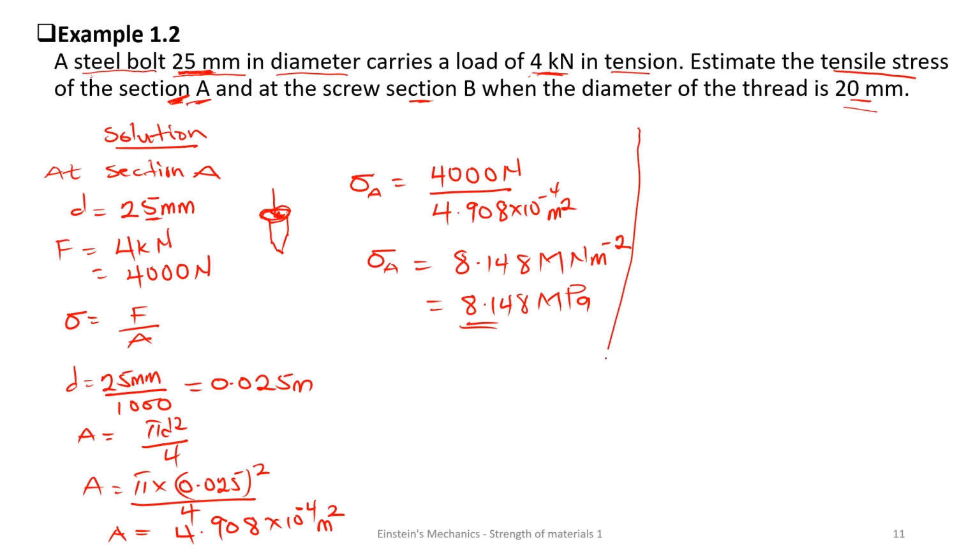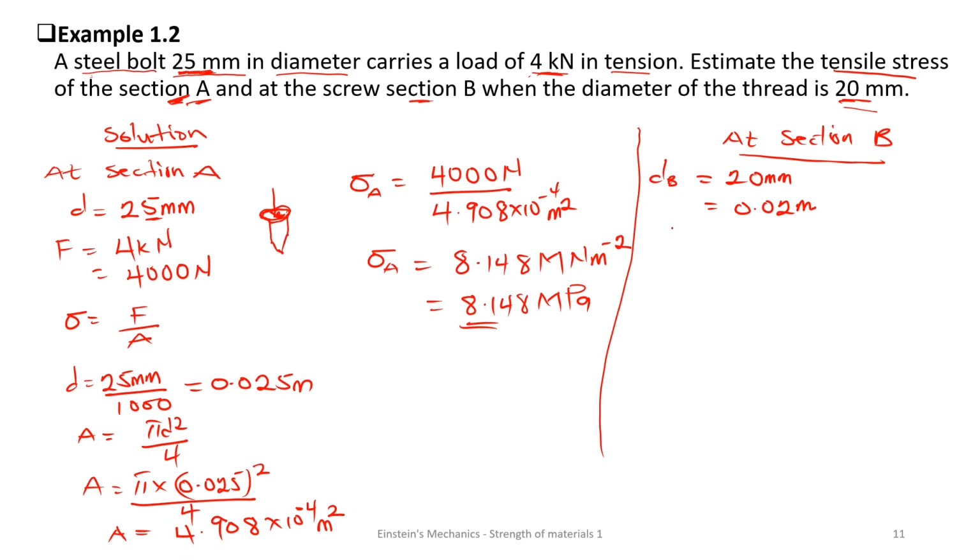So let's look at section B. Remember, the diameter of the section B was given as 20 millimeters. So now we are having a diameter at B to be 20 millimeters, which can be 0.02. Don't forget to convert it to meters. 0.02 meters.